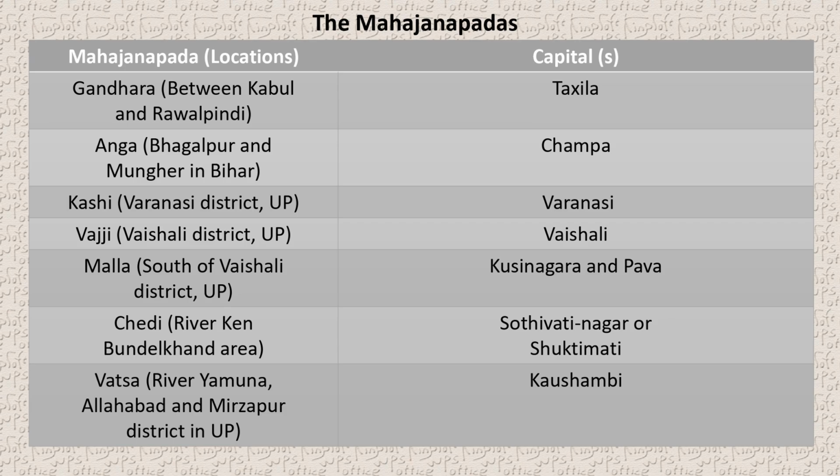The Mahajanapadas. Mahajanapada, location, capital. Gandhara, between Kabul and Rawalpindi, Taxila. Anga, Bhagalpur and Munger in Bihar, Champa. Kashi, Varanasi district, UP, Varanasi. Vajji, Vaishali district, UP, Vaishali.